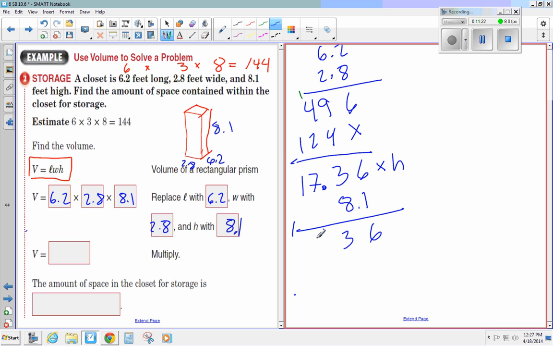So let's do it again. See, that's 48, 24, 28, 56, 58.